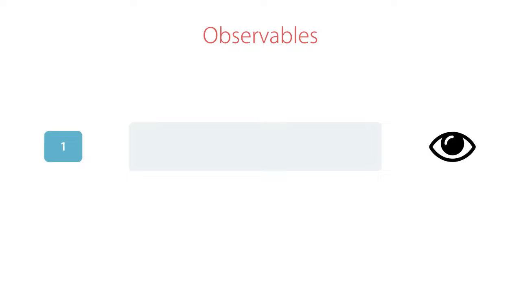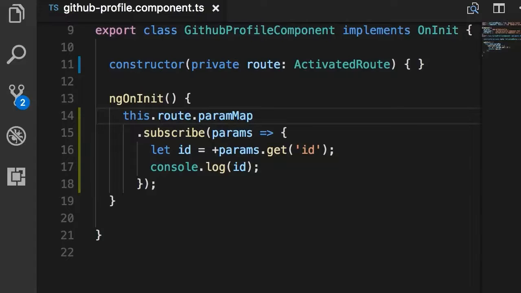So data comes into this stream, and anyone who has subscribed to this observable will be notified. Now, as a real-world example, here in GitHub profile component, we are subscribing to this param map observable. So GitHub profile component is an observer of this observable. Anytime there is new data in this collection, GitHub profile component will be notified.